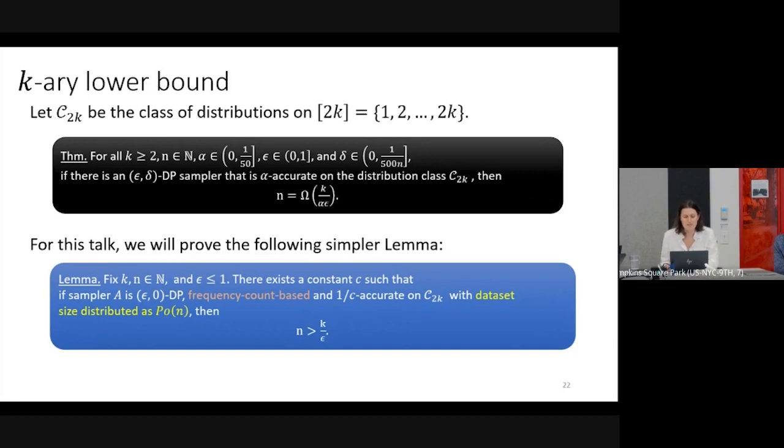So the bound that we're aiming for is to show that n has to be at least k over epsilon. We've removed the dependence on alpha, but this is the analogous bound that you would get. I have made a little box with the assumptions. The formatting got a little weird, but hopefully that will give you a reminder of what we're assuming.